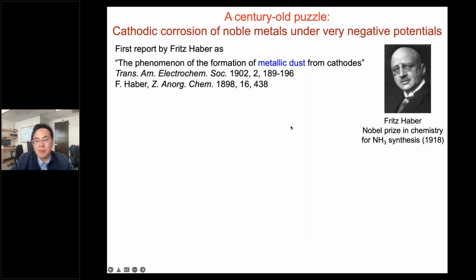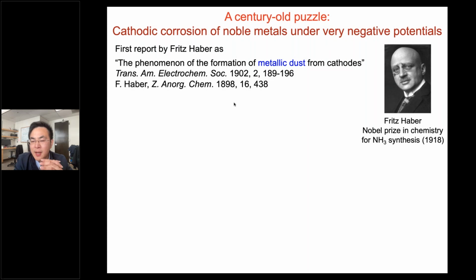When we went back to the literature, we found this is a century-old problem, and it falls into the category of cathodic corrosion. Cathodic means reducing potential, and we can corrode noble metals if the potential is sufficiently negative. As early as the 19th century, Fritz Haber reported the formation of metallic dust.